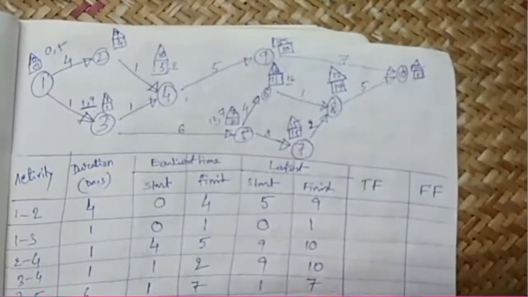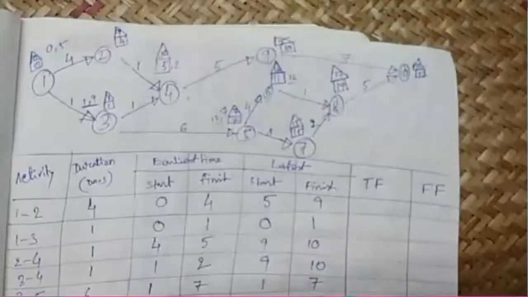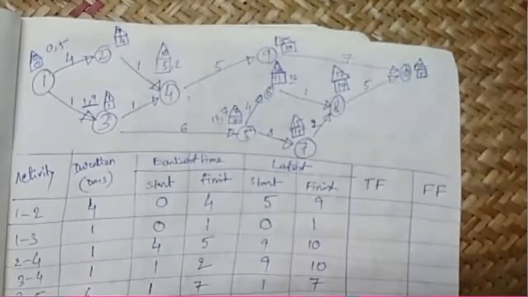Okay. Now, if you remember, the total float is the amount of time by which the completion of an activity could be delayed beyond the earliest expected completion time without affecting the overall project duration.